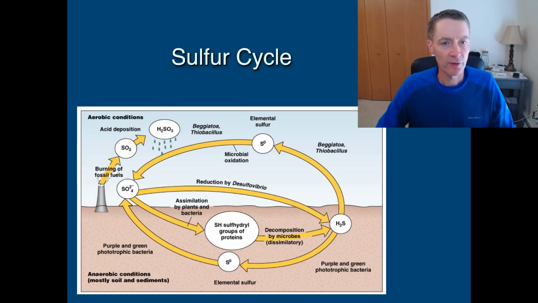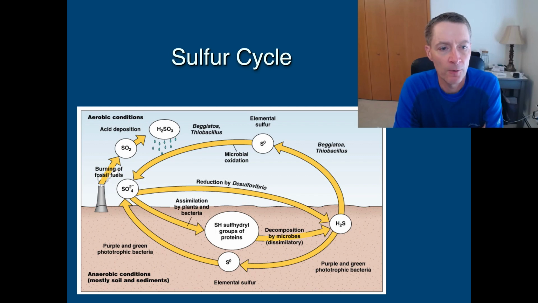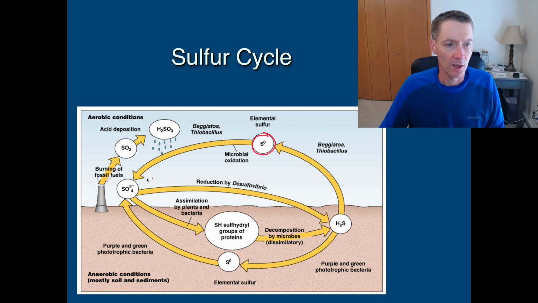Okay, the last cycle that I'll mention is the sulfur cycle, and it's similar to the other cycles in that there's a certain amount of sulfur contained in the air around us. Some of them are sulfates.